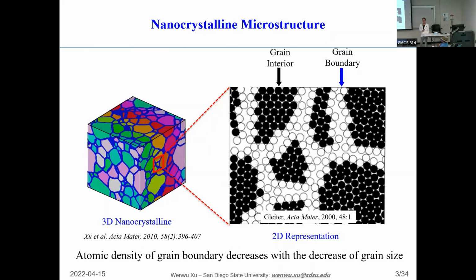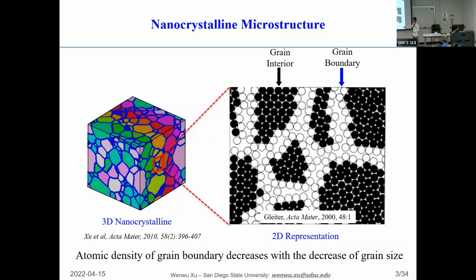Now, when we talk about nanomaterials, it means a lot of things. It pretty much means everything. And in this talk, we are going to focus on the nanocrystalline microstructure. This is in the form of a bulk metal, except the grain size is under 100 nanometers. So if we do not see the scale of this model, it could just look like a microcrystalline or conventional metal microstructure.